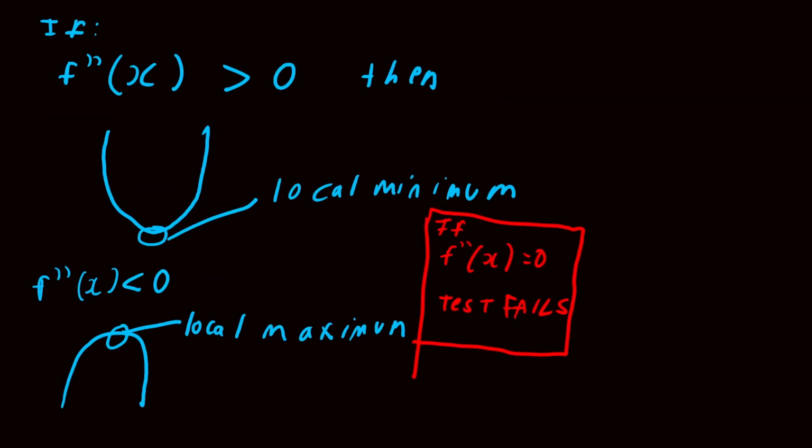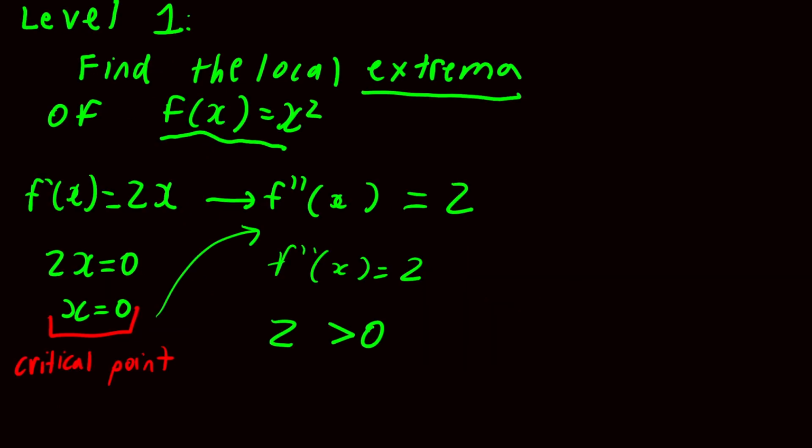And remember what we said. If f double prime is bigger than 0, then it's concave up. So at x equals 0 on this graph, the function is concave up. And we can tell because this is a parabola, but let's not get too ahead of ourselves. So we know the graph is concave up.